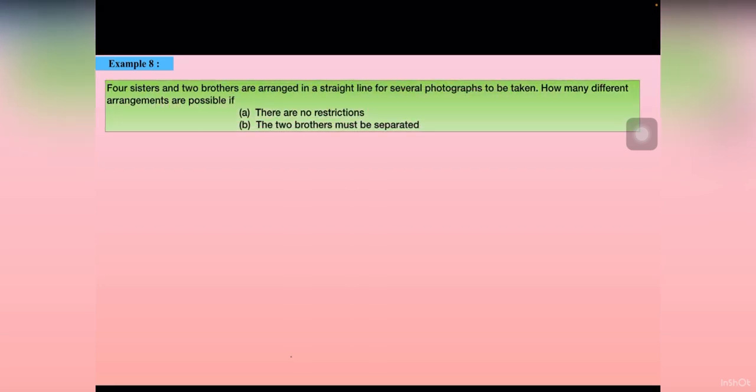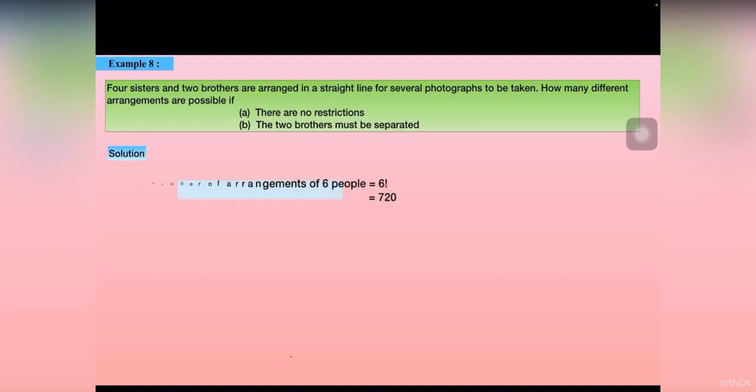Example 8. 4 sisters and 2 brothers are arranged in a straight line for several photographs to be taken. How many different arrangements are possible if A. there is no restriction? B. The 2 brothers must be separated.